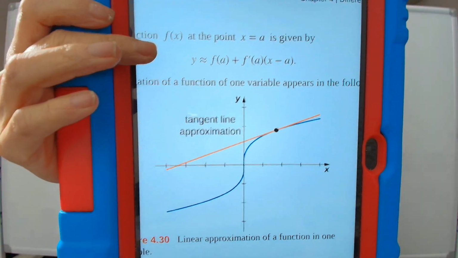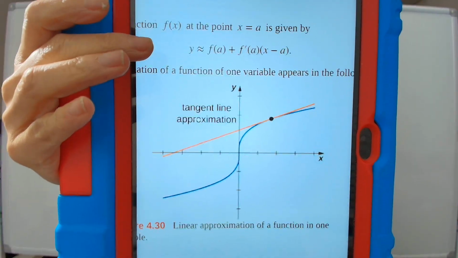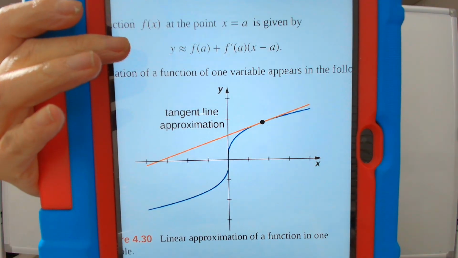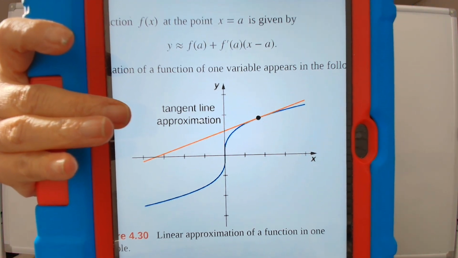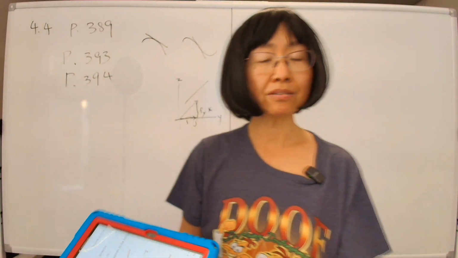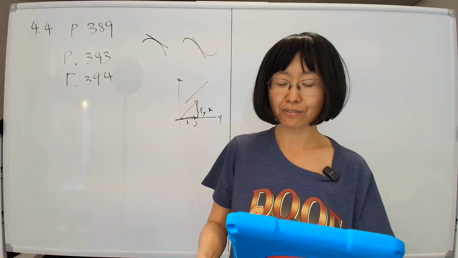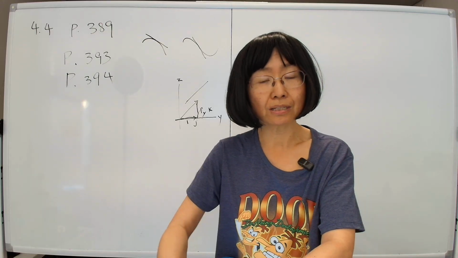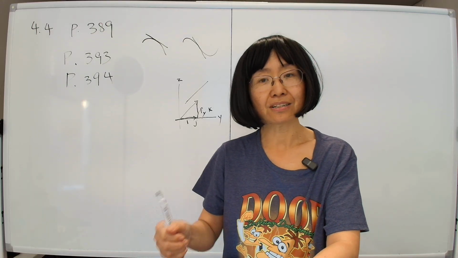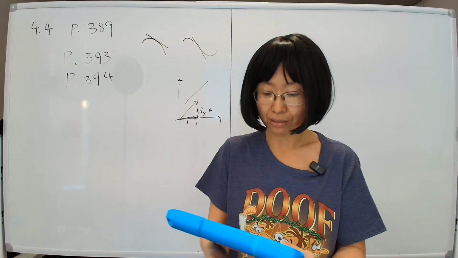Here's the equation of a tangent line, and then you plug in values that are not at the point of contact to approximate the value of the function. The reason for doing that is for applied math, such that if you don't actually know what the function is, but for some reason you know the derivative, then you can approximate what happens in the future because you don't know the function itself.